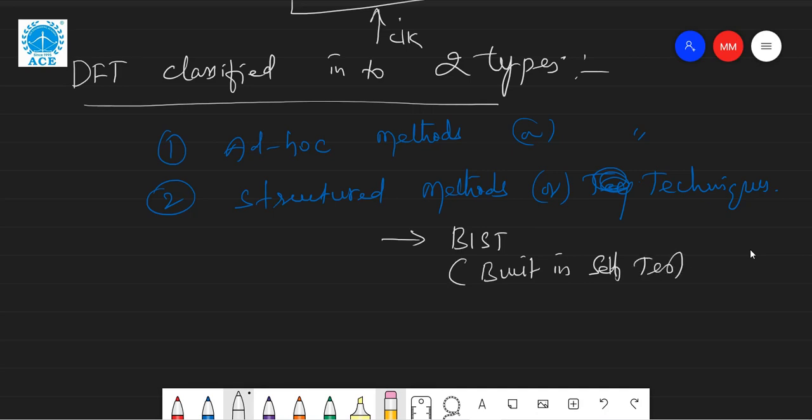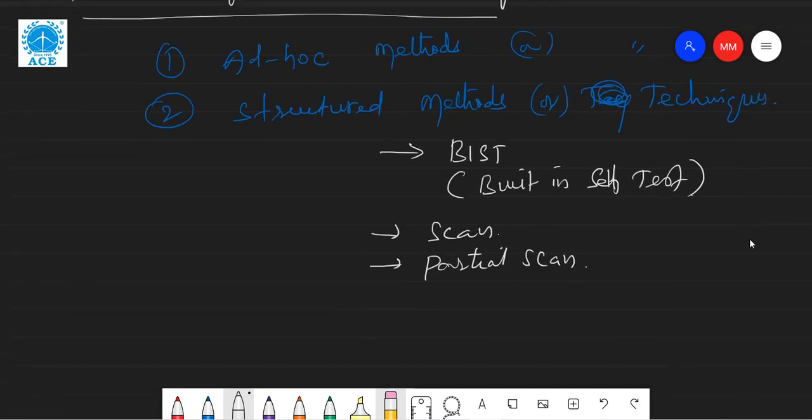Another is general scan test. Another one is partial scan, and we have boundary scan.